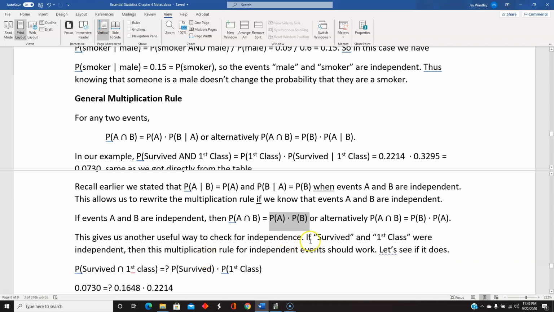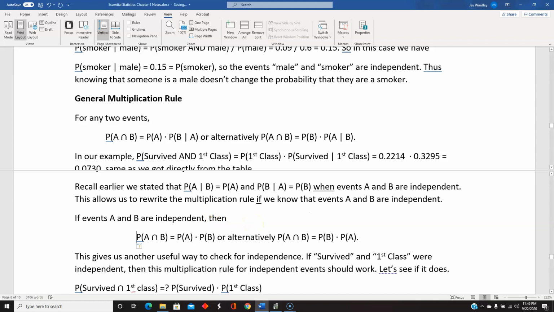So for example, if you want to know if the events survived and first class are independent, check to see if this multiplication rule has been met. Is the probability that someone survived and they're in first class the same as the probability that they survived times the probability that they're in first class?